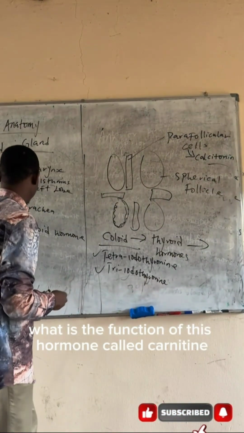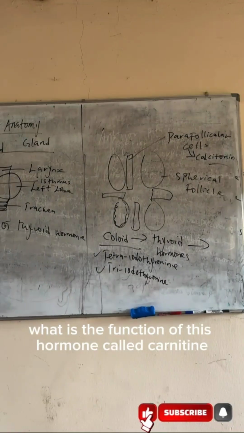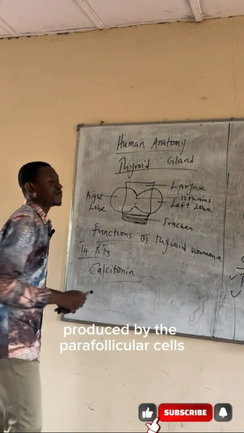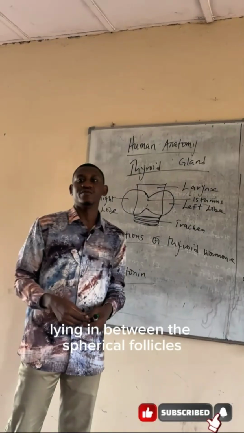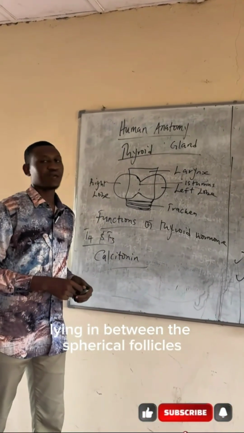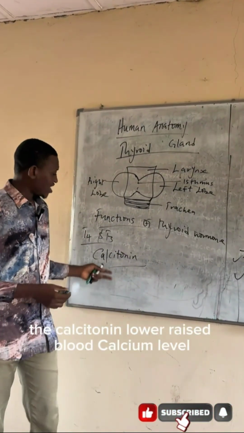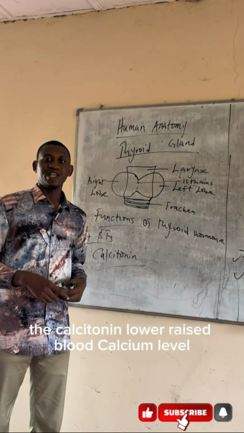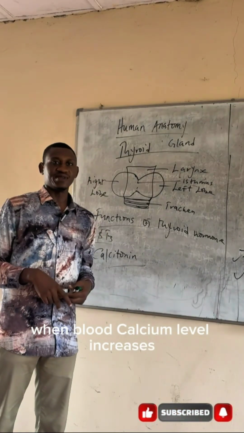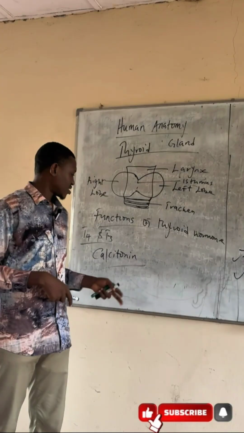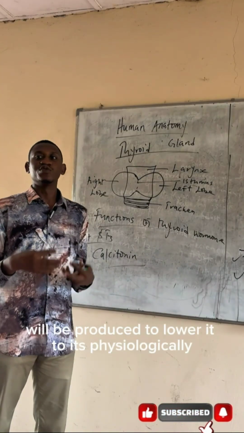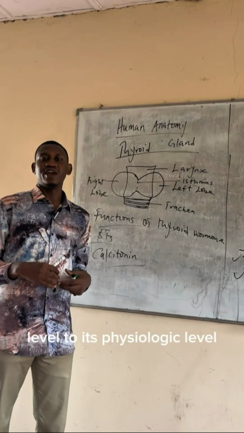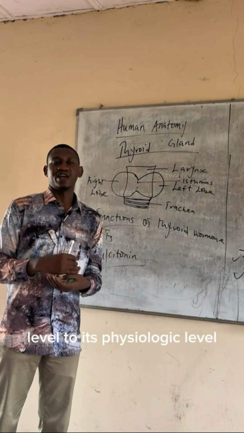What is the function of calcitonin produced by the parafollicular cells? Calcitonin lowers raised blood calcium level. When blood calcium level increases, calcitonin is produced to lower it to its physiologic level.